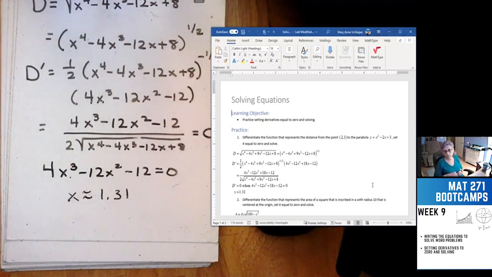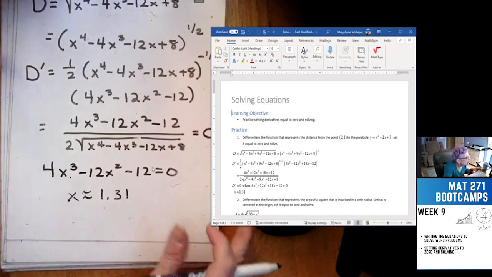So 1.31 is the winner. Why did you put 18 into it? So you did 4x cubed minus 12x squared plus 18x and then minus 12? Yeah. But if you look at your board, that's not what you have on your board to your left. I lost something, I think.